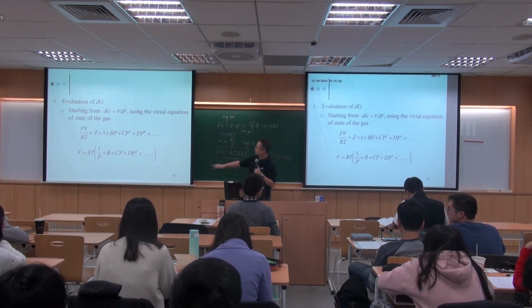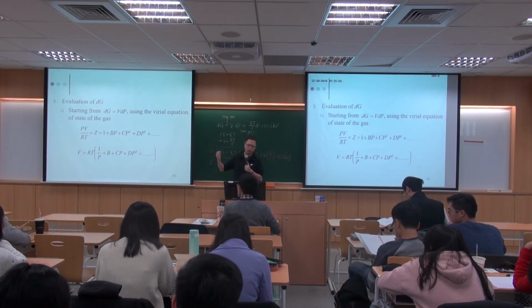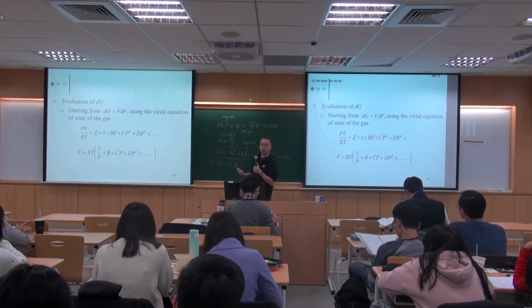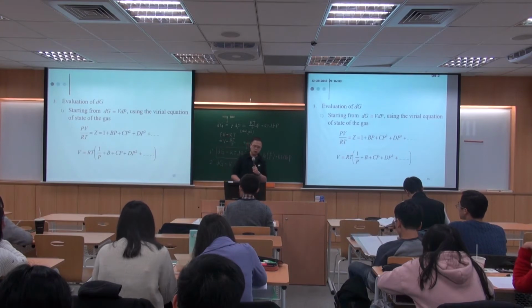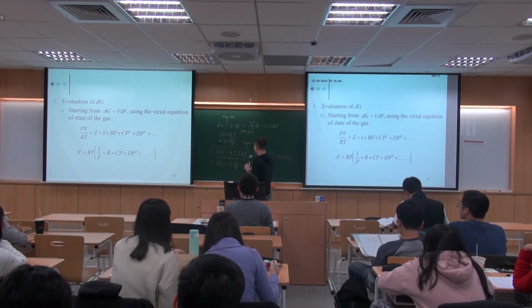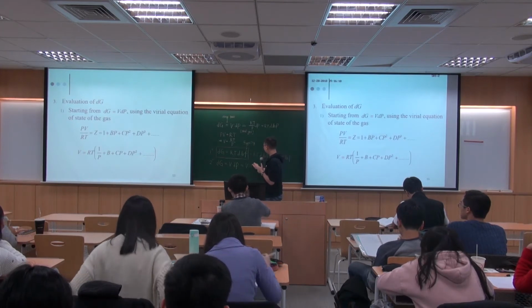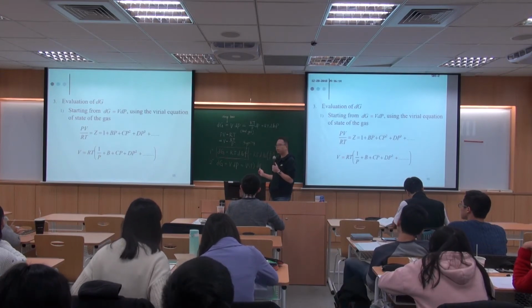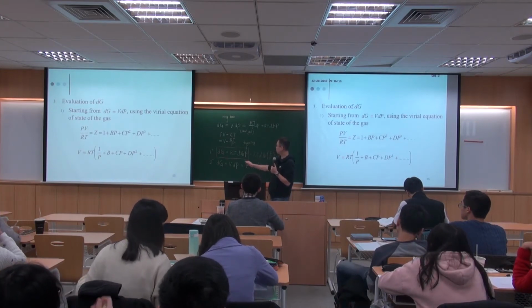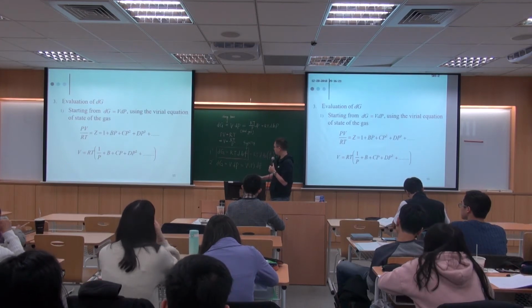So by moving the part with pressure to the right-hand side, you can have an expression of volume as a function of pressure. So this one, the second equation. So once you have this expression, we know that this volume is a function of pressure. Then you can directly calculate this by simply integrating over the range that the process is about.